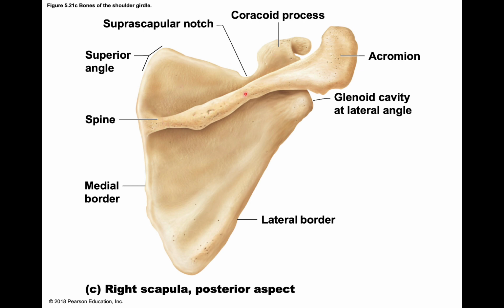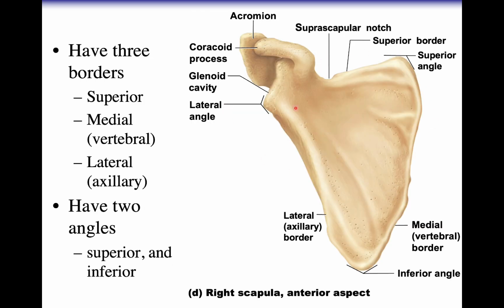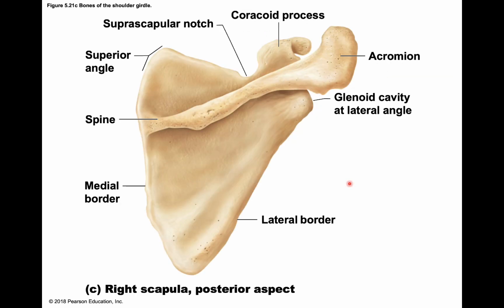Anytime you see this part of this bone, we call this the spine of the scapula. The spine is always posterior. If you notice on the anterior, there is no spine. So this is the anterior.